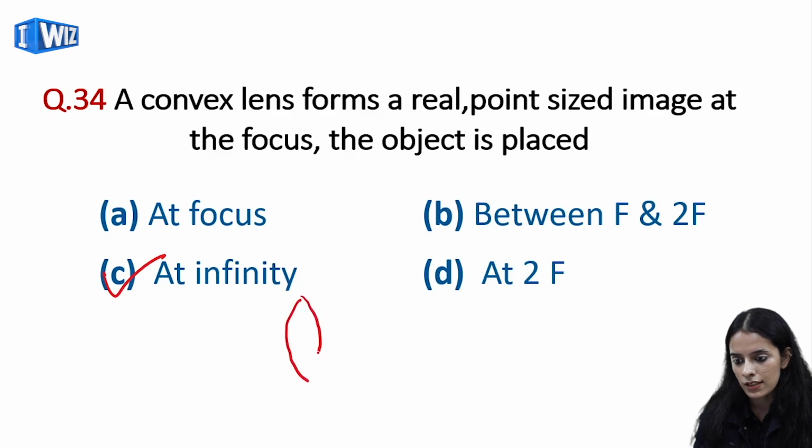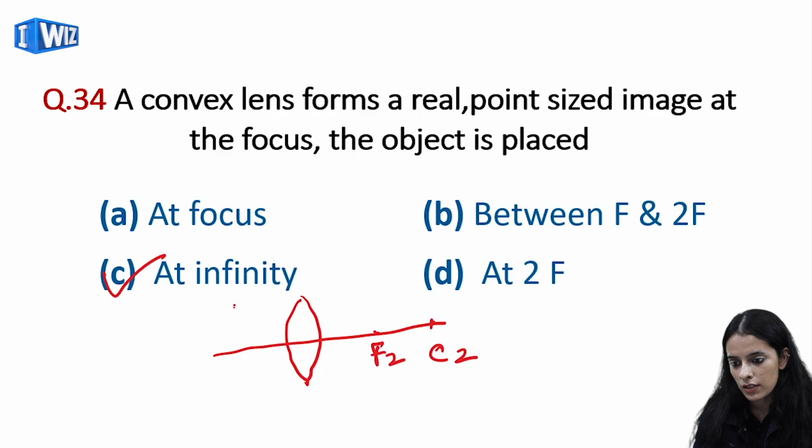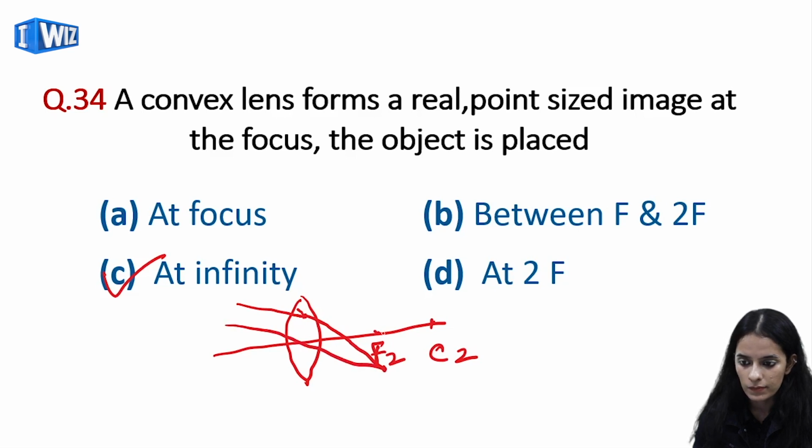Like we are taking a convex lens over here, and here is the focus. When a ray of light is coming, images always form of reduced size at the focus. Okay.